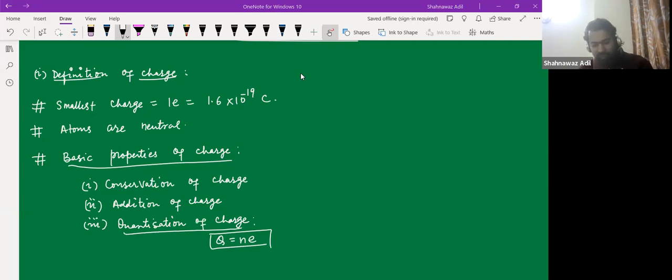Whenever you have a material, this material would be made up of different elements or compounds, whatever the constituents contain. We know that the smallest charge on a material is that of the electron.